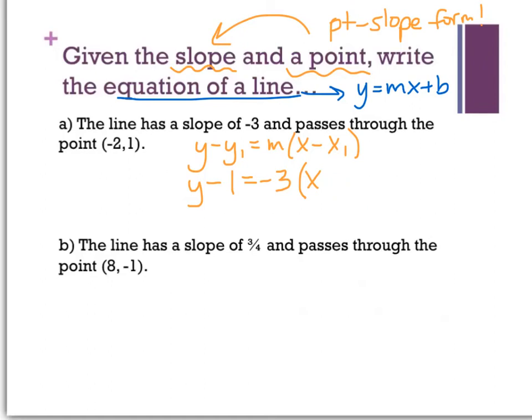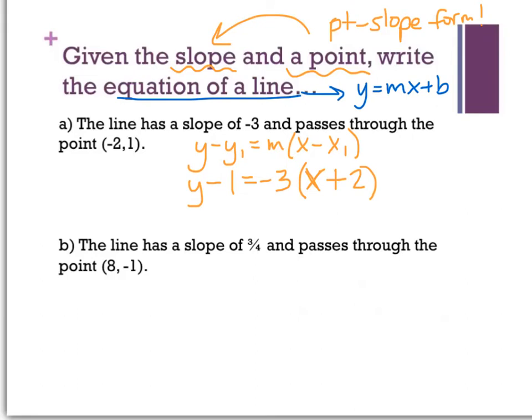What I do instead is I write, and I think I may have done this in the slope video, x minus negative 2. Did you see what I did there? What I did was I said x minus, and when I said the negative, I crossed over my minus because that's what minus negative does. Okay, that's what minus negative does.